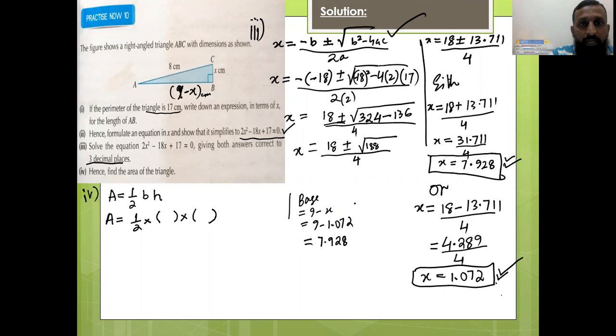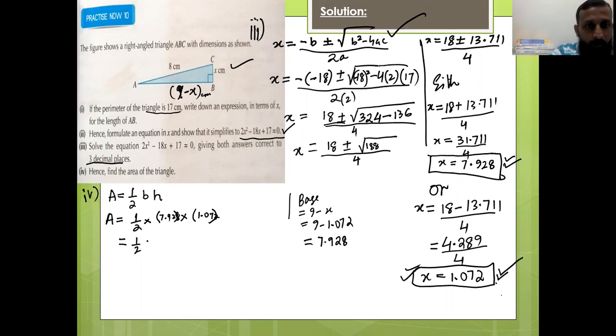And what is height? Height is x, and the x value is this. We are taking this value. So let's plug in the value of height as 1.072 and 7.928.